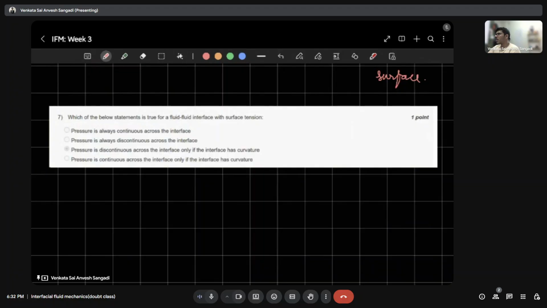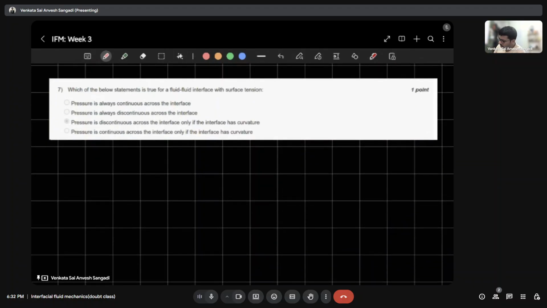Pressure is always continuous across the interface. Pressure is always discontinuous across the interface. Pressure is discontinuous across the interface only if the interface has curvature. And pressure is continuous across the interface only if the interface has curvature.